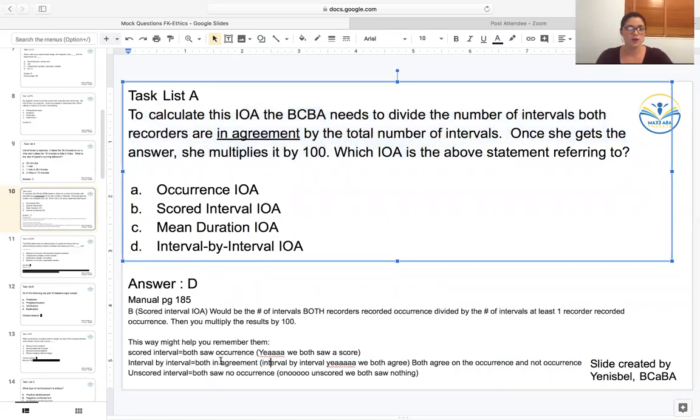Yes. But the ones I wrote at the bottom, Vanessa, were just the parts that made them different. Yes, and that's what I'm trying to elaborate on: with scored and unscored, you would only take into consideration the intervals in which at least one observer scored or unscored it. Yeah, you're right, Vanessa.